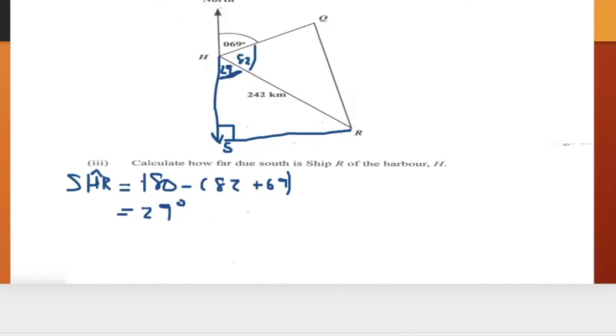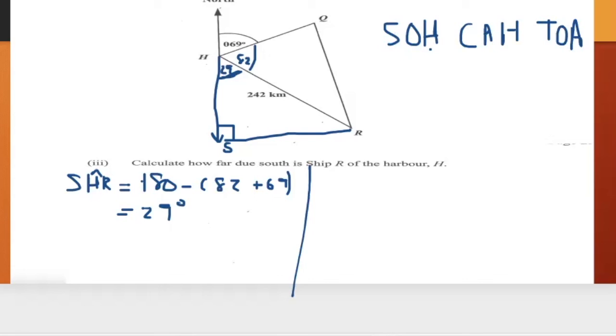Now, the side that I want is HS. So let's look at SOHCAHTOA. SOH is sine theta equal opposite over hypotenuse. The cos is adjacent over hypotenuse, and the tan is opposite over adjacent.